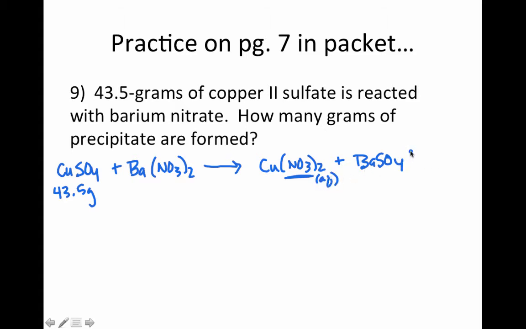That means my barium sulfate would have to be my precipitate in this case. So if you grab your solubility chart, I happen to have one right here beside me. That was just lucky. Barium sulfate is insoluble, so that would be your precipitate. So we're looking for grams of barium sulfate.